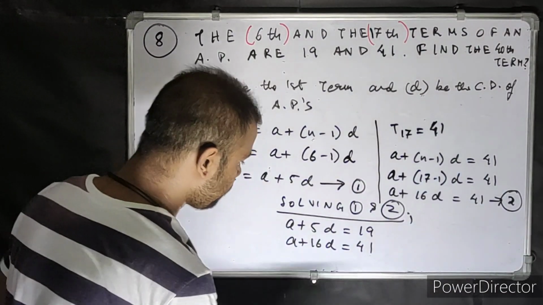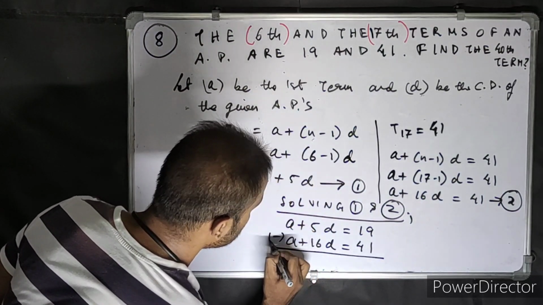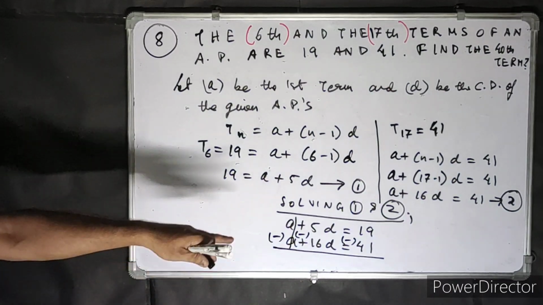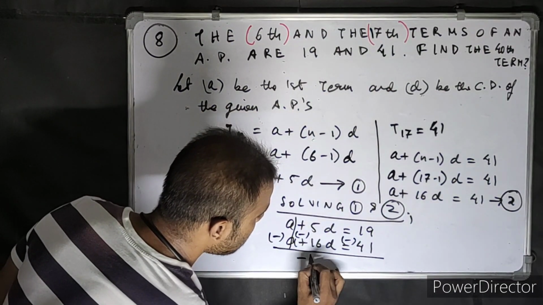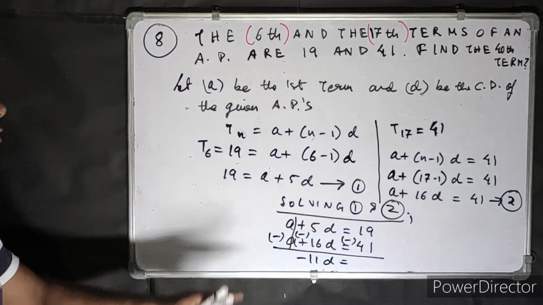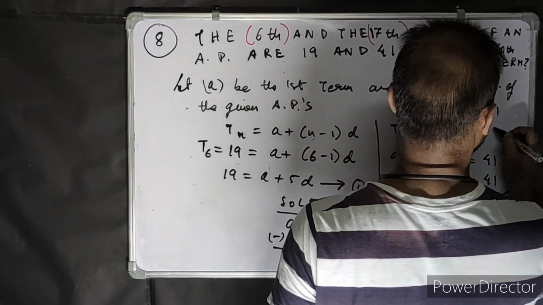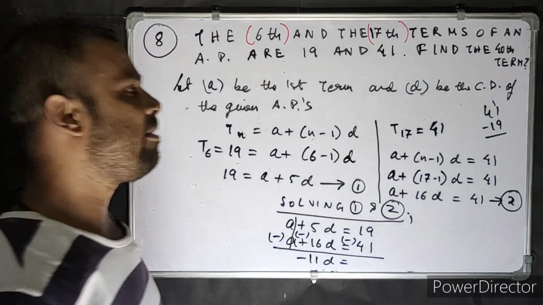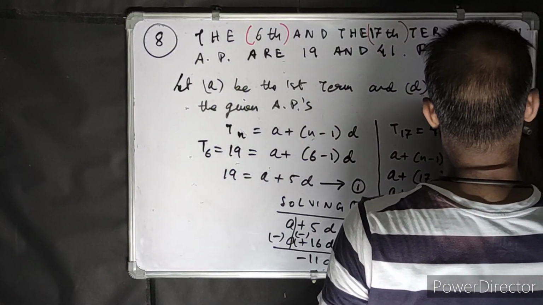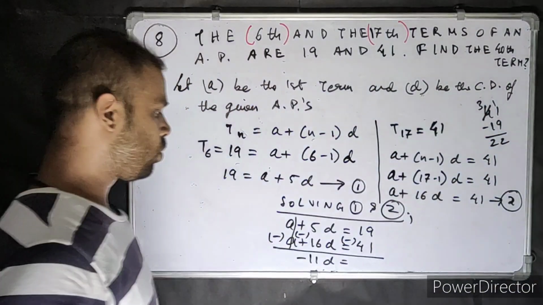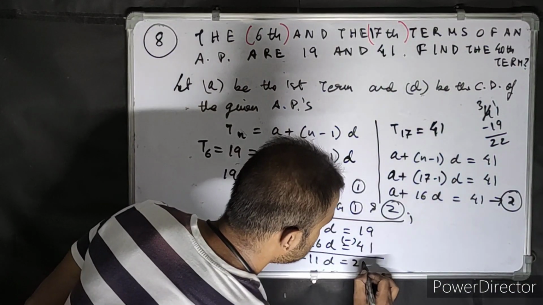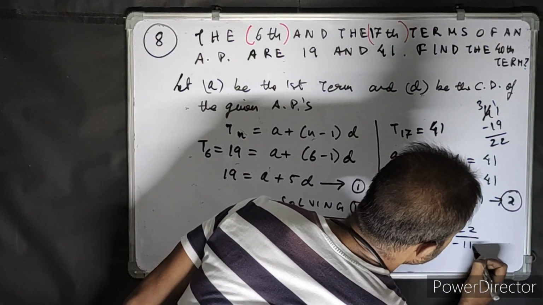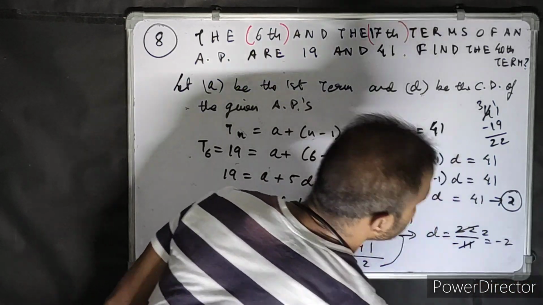From here we subtract, so that cancels out A. That is minus 11D is equal to 19 minus 41, which is minus 22. From here we are going to get D is equal to minus 22 divided by minus 11, that is 2.